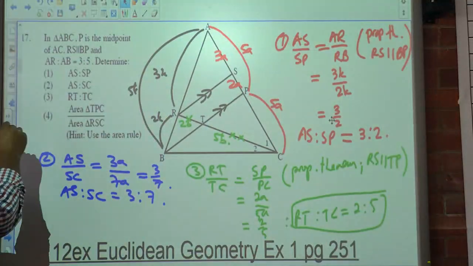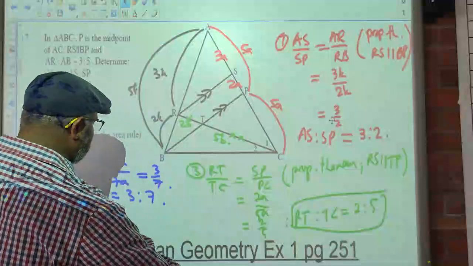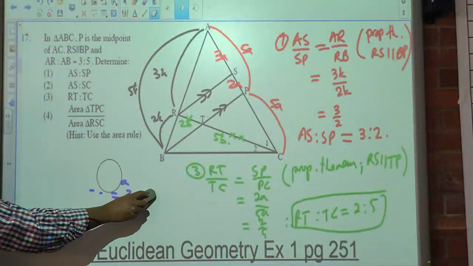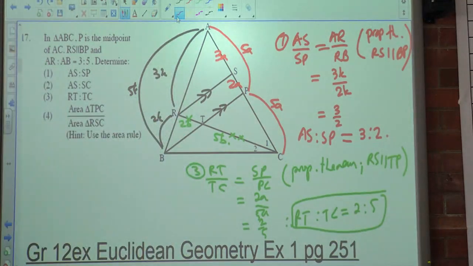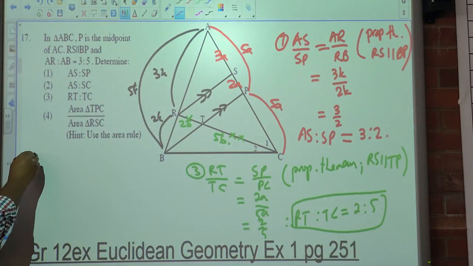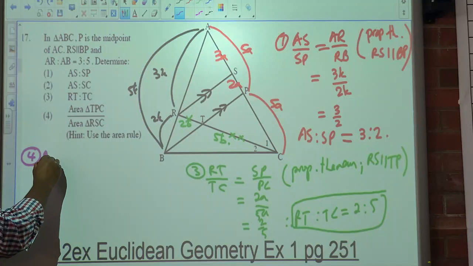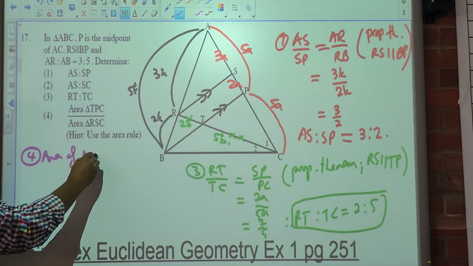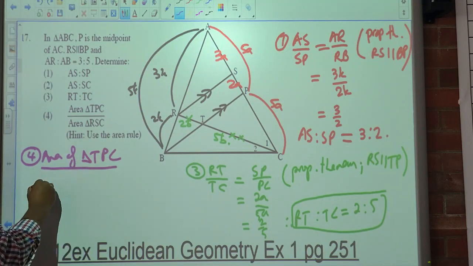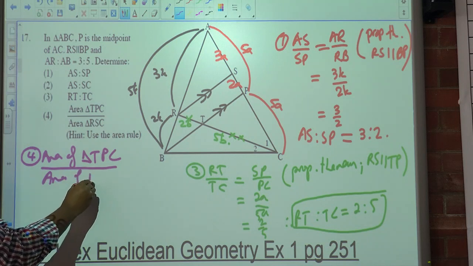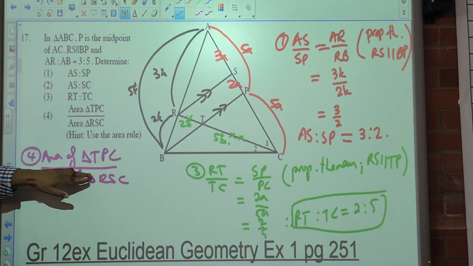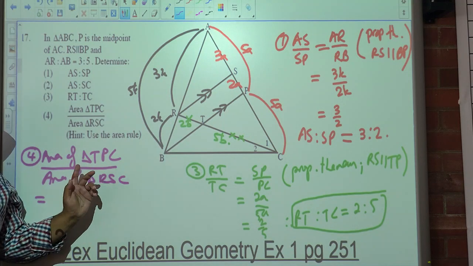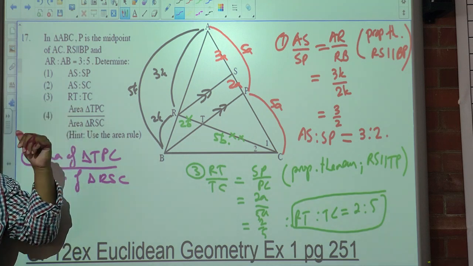Okay, and then again, what's the one we haven't done in an example? The area. And this question comes up often. Okay? So they want to know the area of triangle TPC over the area of triangle RSC. Now they would either ask you this one or the one in the previous example. Okay.